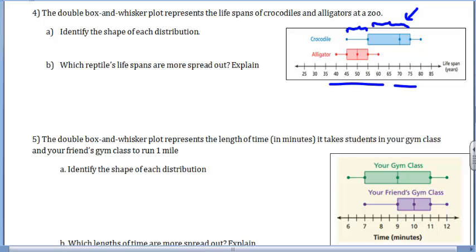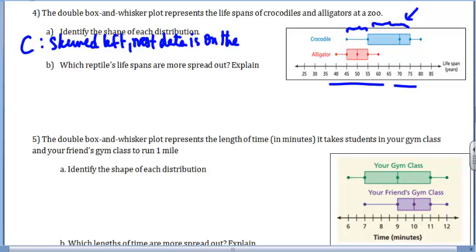Okay, identify the shape of each distribution. I'm going to put C for crocodiles. So crocodiles, I'll say skewed left, and most data is on the right, because look, this is the whisker and it's longer on the left, so it is skewed left.